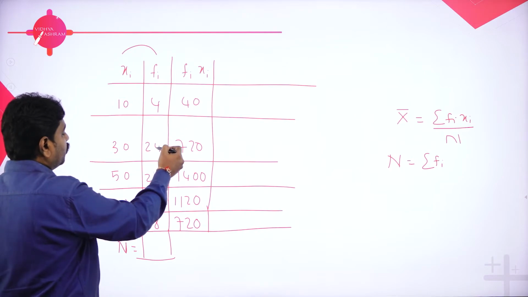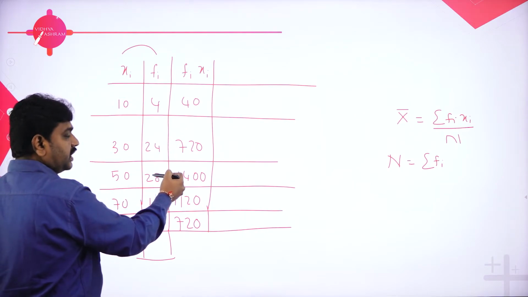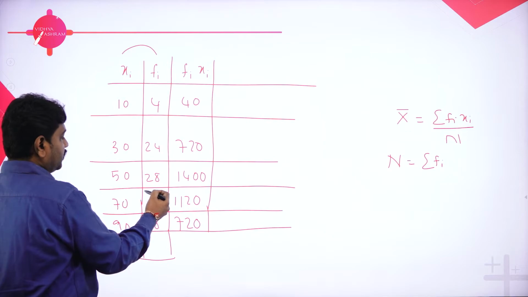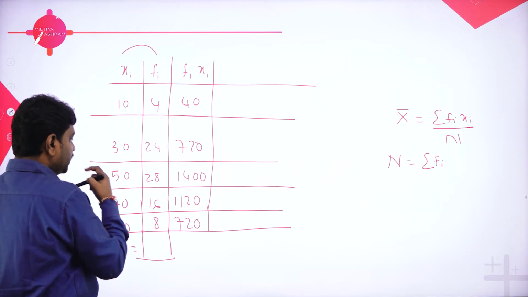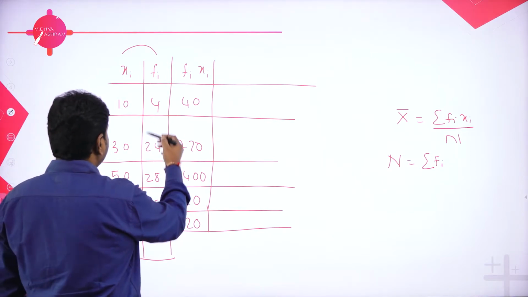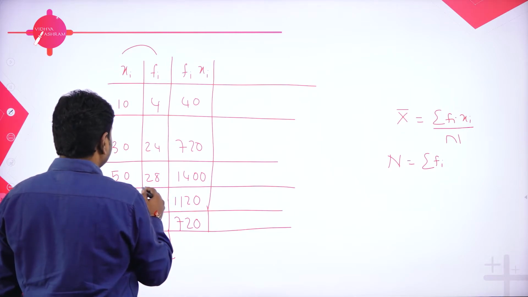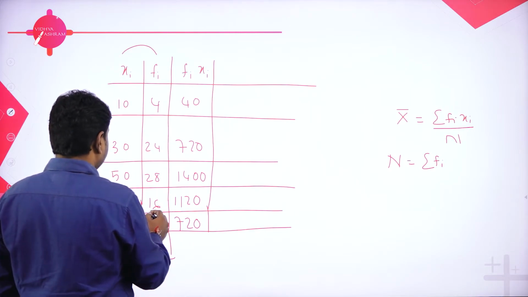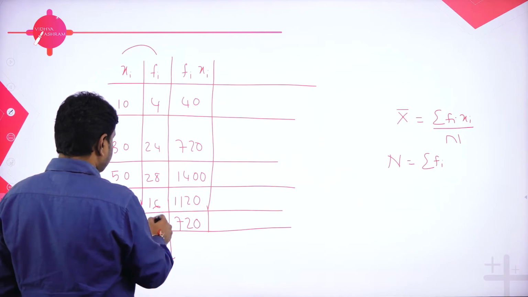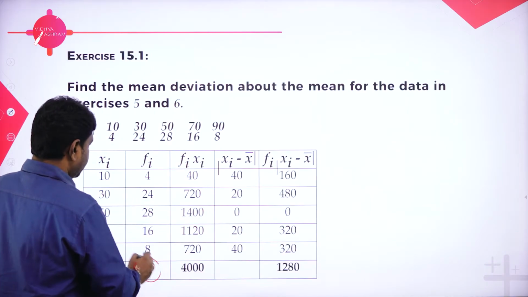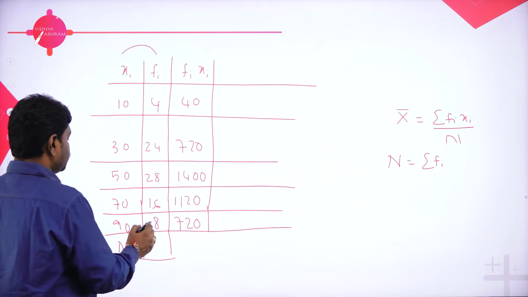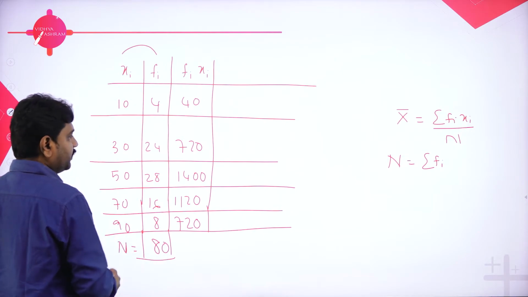So 4 plus 24 is 28, 28 plus 28 is 56, 56 plus 16 plus 8. If you add, you will get 80. The sum of the frequencies is 80.